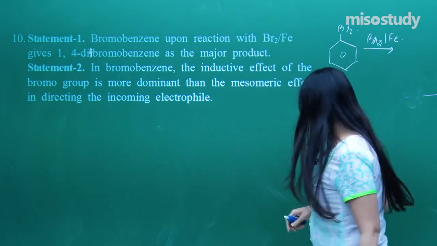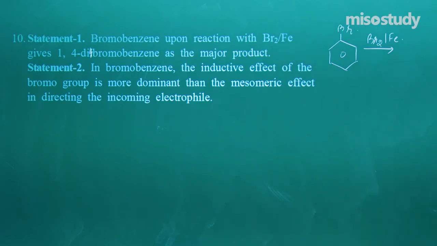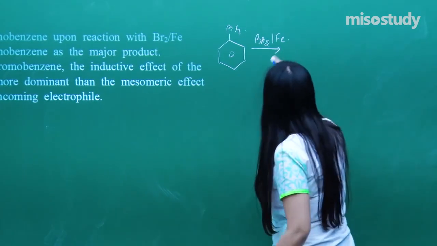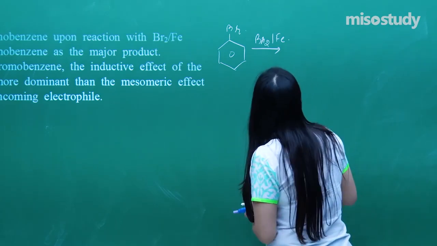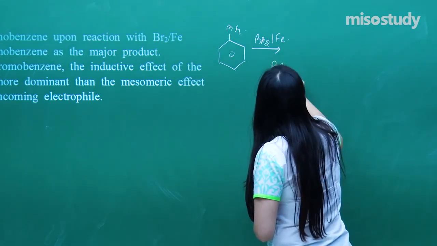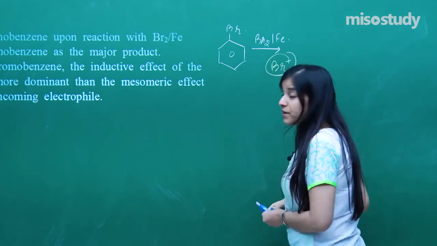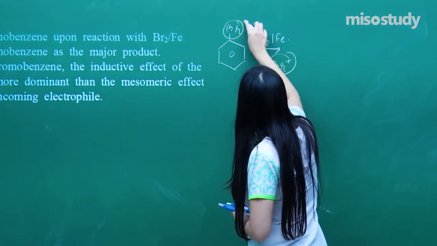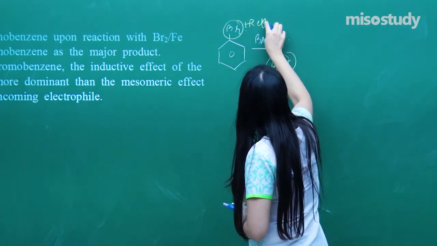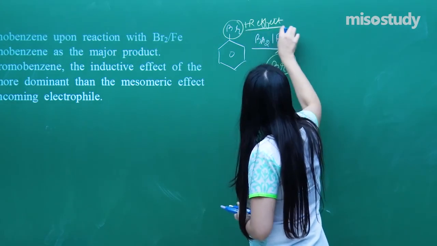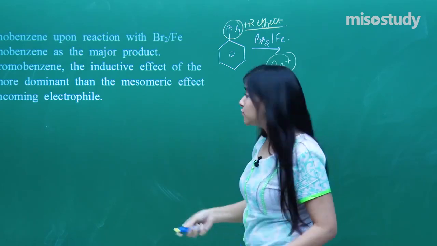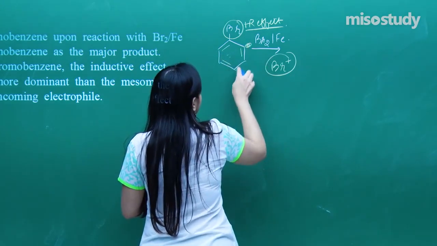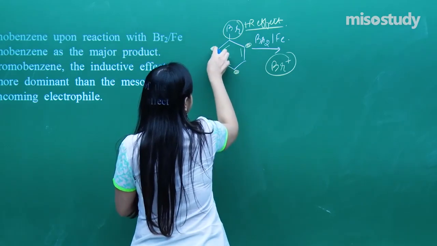So what kind of a reaction is it? It's an electrophilic substitution. That means here there will be the generation of Br positive, and we know that due to the plus R effect, the bromine is actually donating kind of a group. It will activate the benzene ring at ortho and para positions.